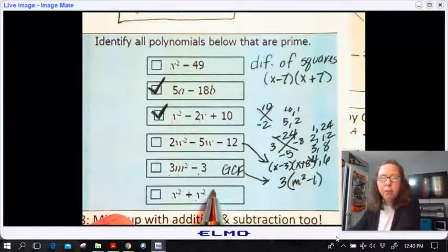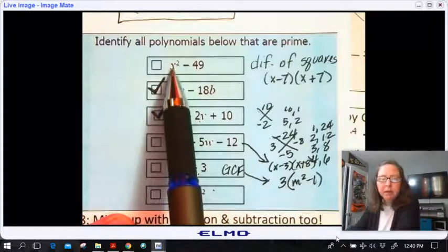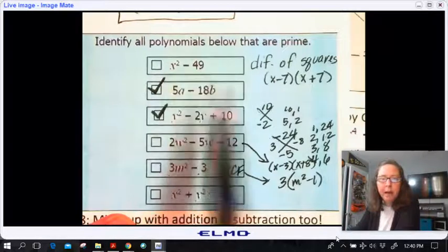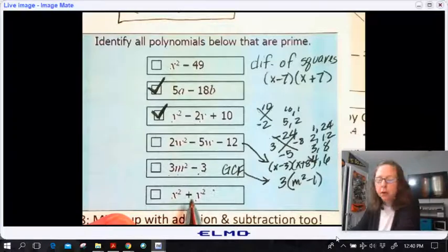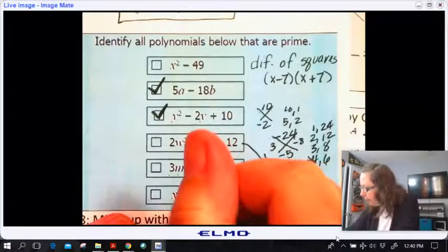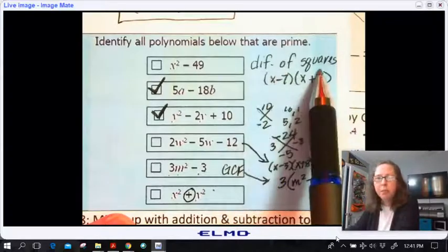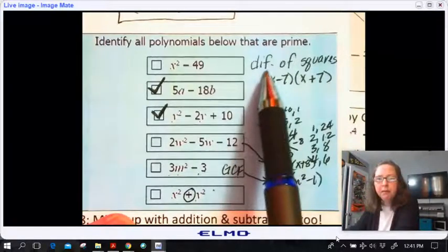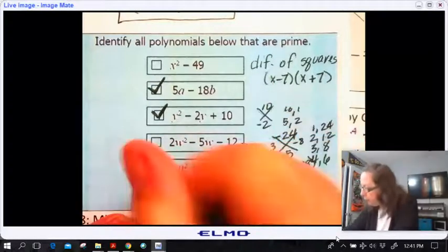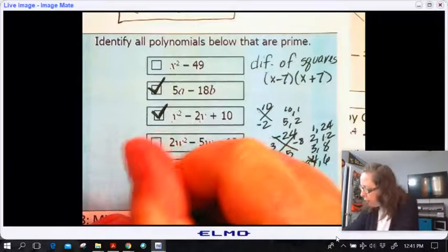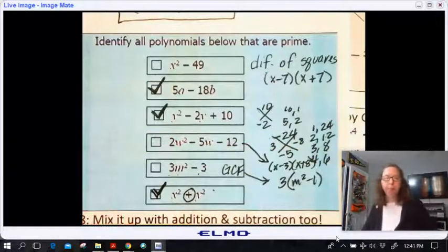Well, it reminds me of a difference of squares because I have a square in the front and a square in the back. However, it has this plus sign. So the name difference of squares matters. It has to be a minus sign in the middle. So this one is also prime because it has a plus sign.